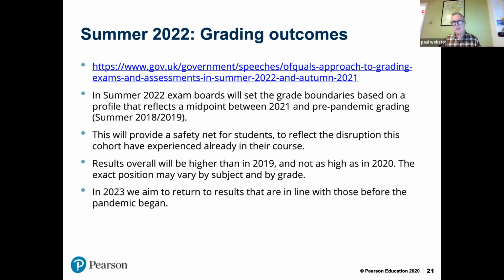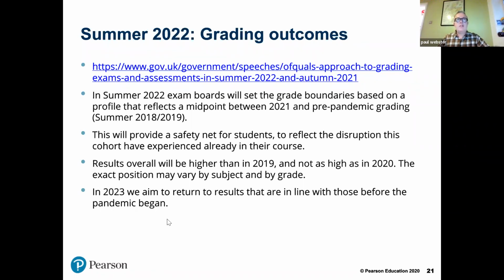So just trying to find this midway point of where the grade boundaries would sit, as well as taking everything else into consideration around advanced information and the other adaptations that have been applied. The idea is that it's providing a safety net for students and to reflect the disruption that they have undertaken.